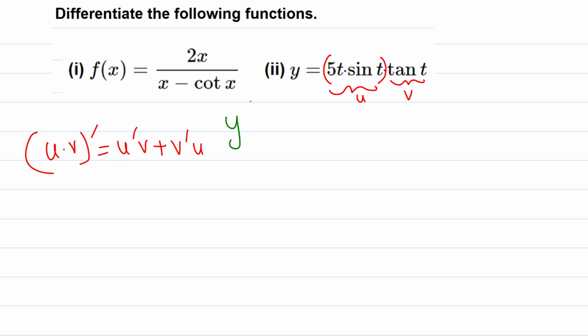So y prime is u prime. We cannot do it in our head because it's another product. So I'm going to write u as 5t sine t, u prime v, that's tangent t, plus now v prime u. It's kind of easy now.